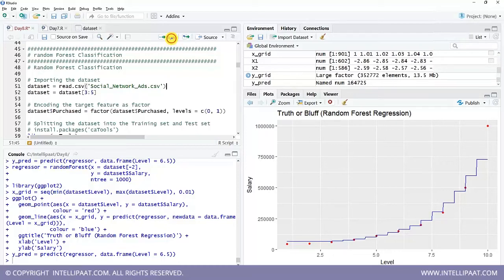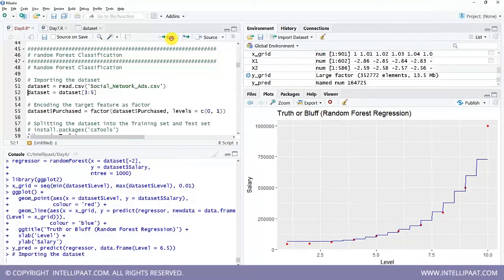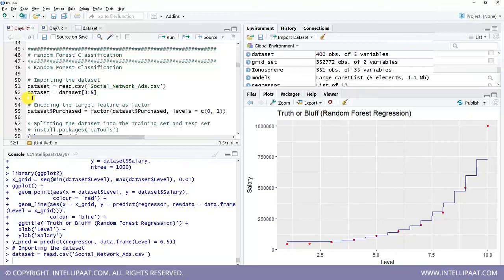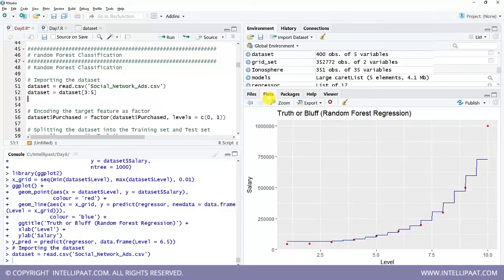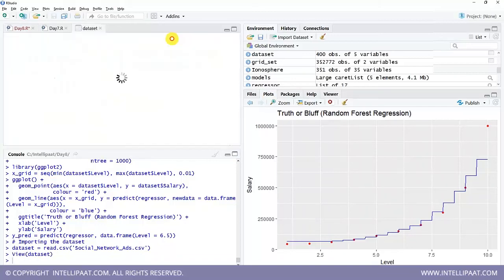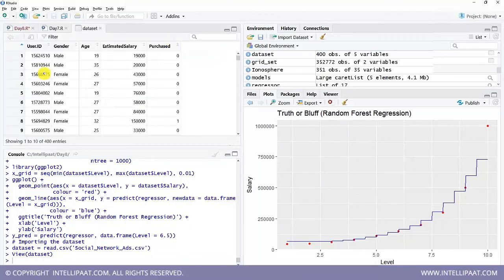So let's see the data set. The data set contains user ID, gender, age, estimated salary, and purchase.